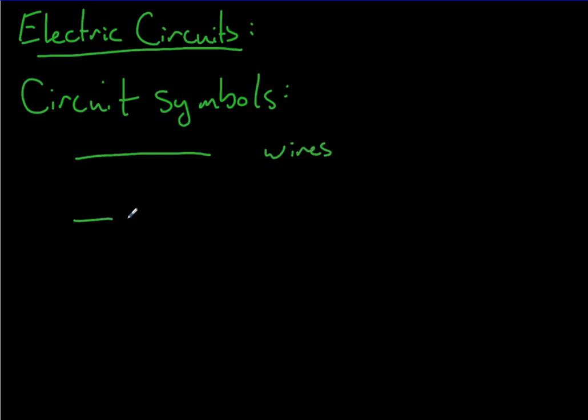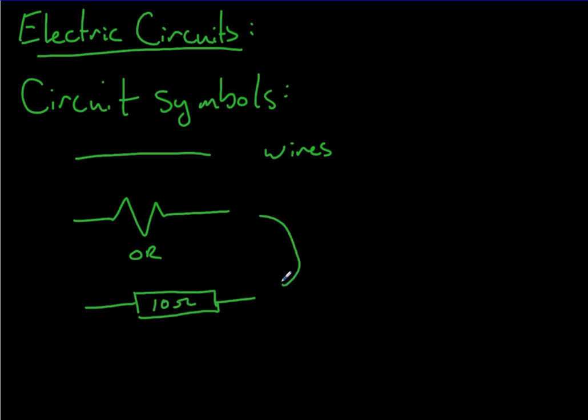There's two ways to do resistors. One way is like that, or I think this is the way we'll mostly be doing it, and then a number in here. So you might see either for resistors. Don't worry if you don't know what these things are, okay? We'll describe them shortly.